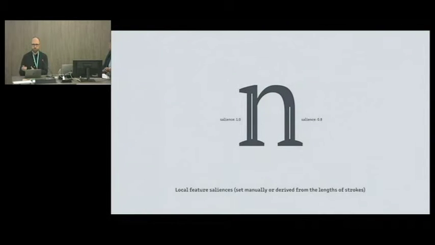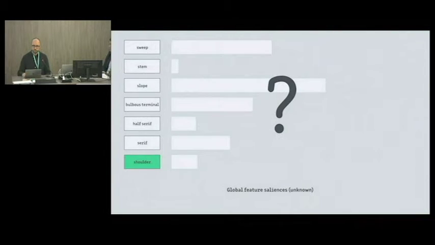So some feature could be more important for the letter A, but less important for the letter N. But also overall. For the local salience, we can somehow approximate it by saying bigger features are more important. That's not exactly precise, but we can approximate it. But we don't know the global salience.